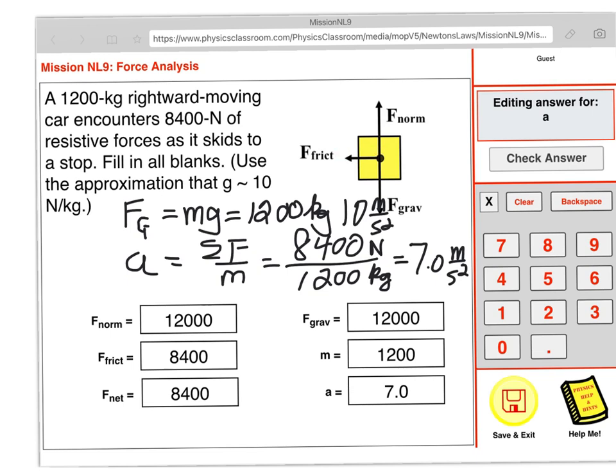And there's only one unbalanced force, the resistive force, or friction. So that goes here. That's also the net force, because that's the only unbalanced force. And the mass is given, and if we divide the net force by the mass, we get the acceleration. Okay, let's check that.